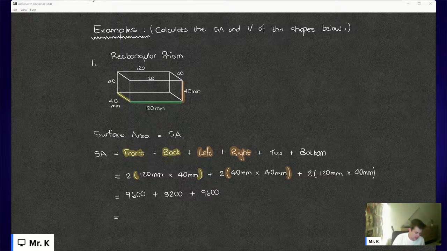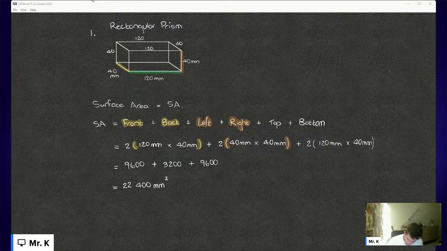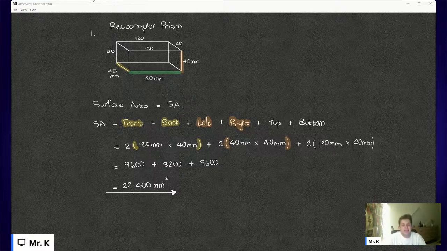So when I add everything together, guys, we are going to get a total of 22,400 square millimeters. Please remember, this is a form of area, so you must be careful with your units. So we're talking in millimeters squared. Now, it is okay to expect that your answers are going to be quite big values, right?